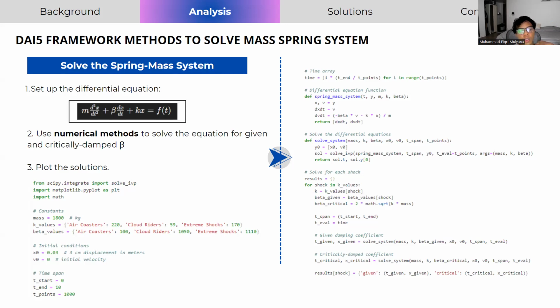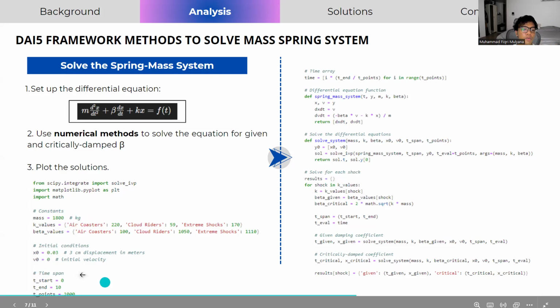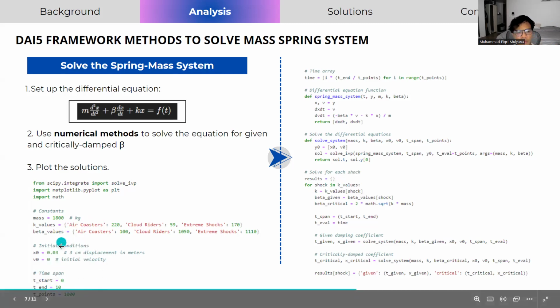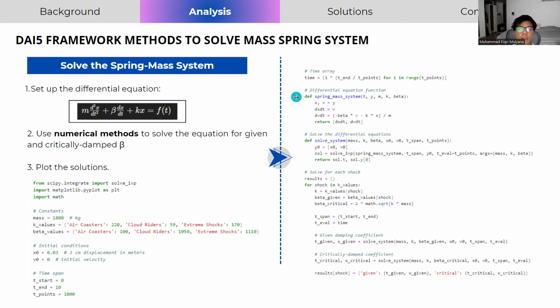First, we input the constant data and initial condition, also the time span, and I use 1,000 points, also the time array, and the differential equation function.